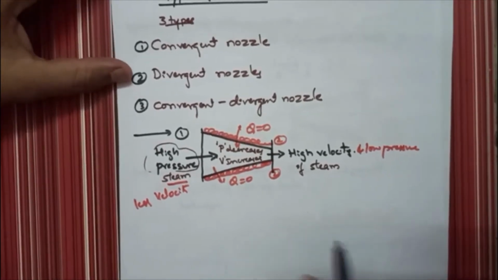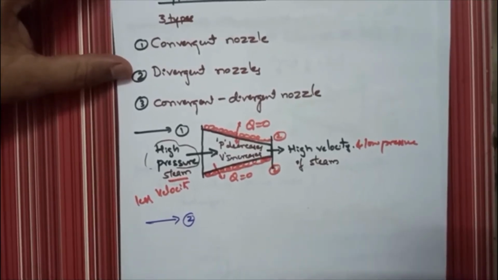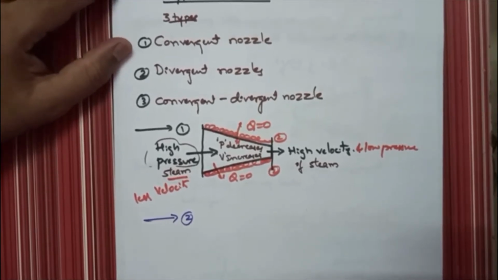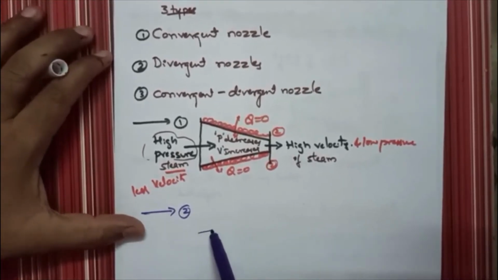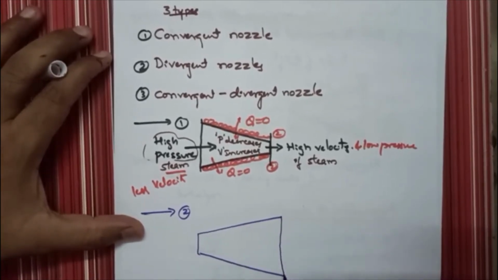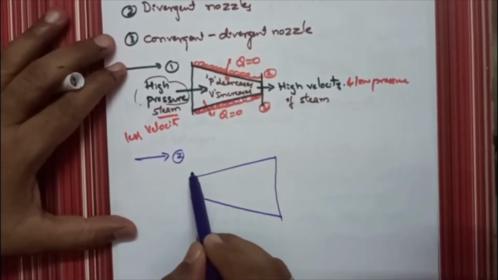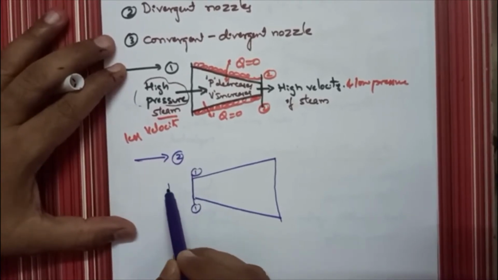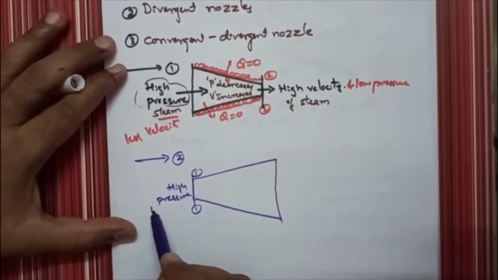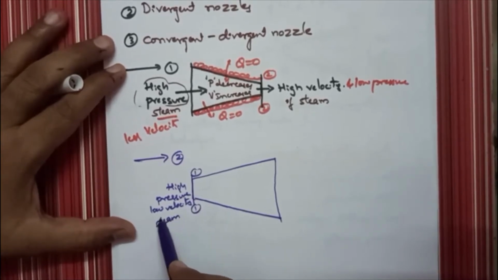The second type of nozzle is the divergent nozzle. A divergent nozzle is a device which has increasing cross-sectional area. Again, it converts high pressure energy to high velocity. At the inlet, high pressure and low velocity steam, because this chapter is steam nozzles.